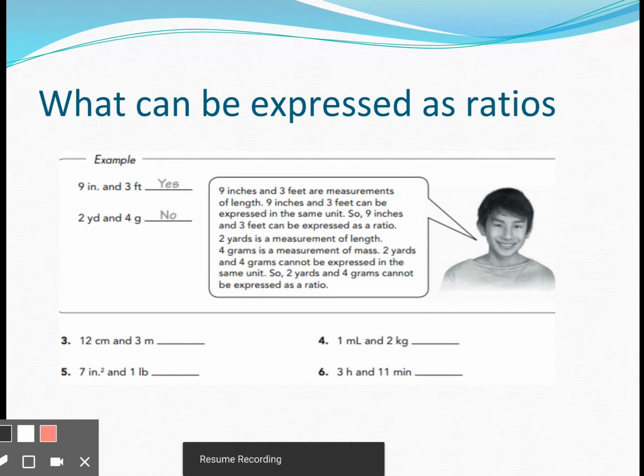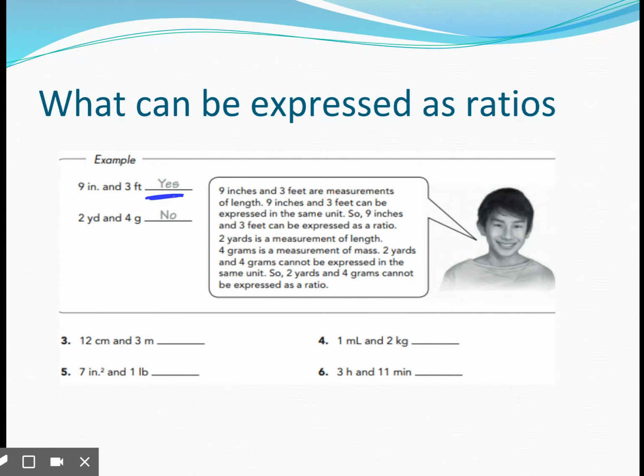Okay, so what can be expressed as ratios? We need to know when we can compare two quantities. So in this example, we have 9 inches and 3 feet. This can be written as a ratio because they both are talking about distance or length, okay?